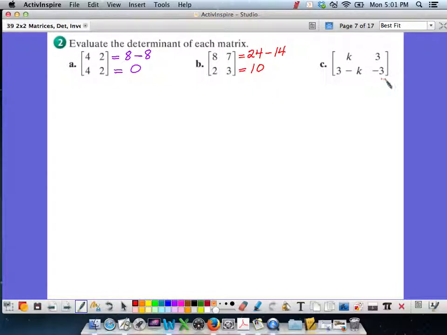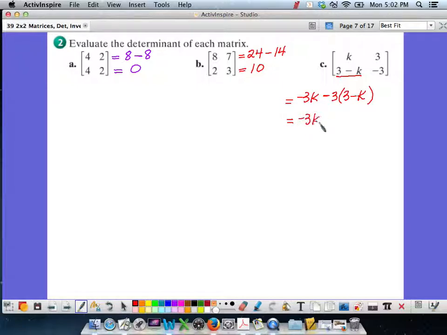In C, we're going to apply the same principle, but we're going to have K as part of the determinant. So again, I'm going to multiply 3 times negative 3, A times D. So 3 times negative 3 is negative 3K, minus 3 times the binomial 3 minus K. Then we just simplify that.